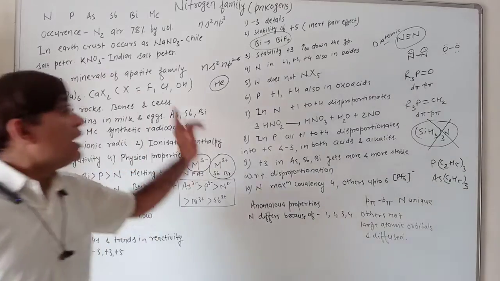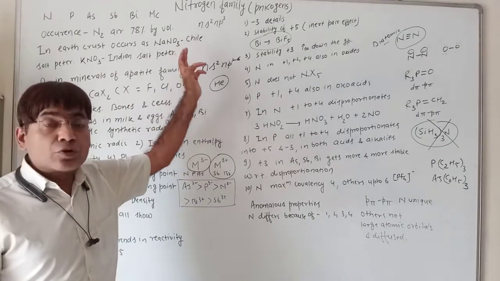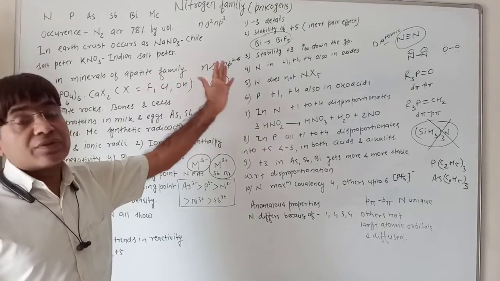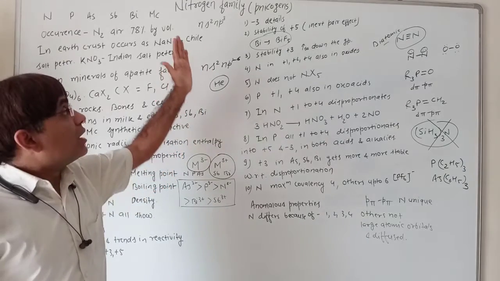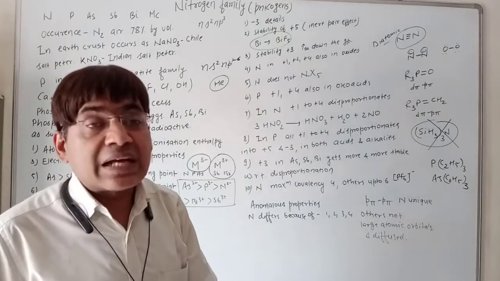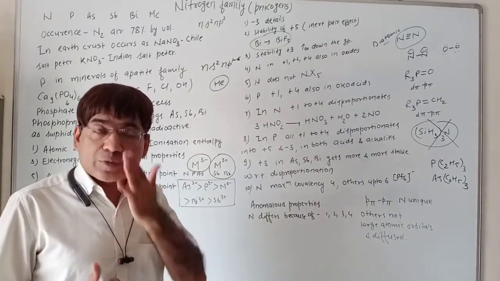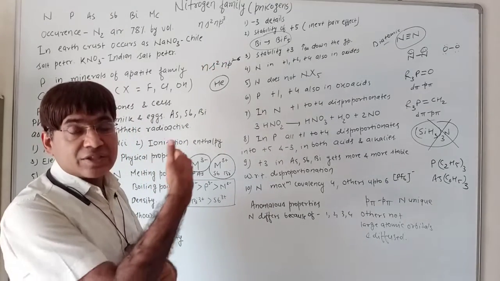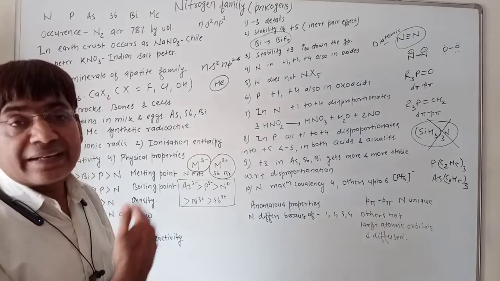So ionization enthalpy in general for these group members is quite high. It is more than that of carbon family members as well as oxygen family members. It is expected to be more than carbon family members because these family members lie on the right hand side of carbon.